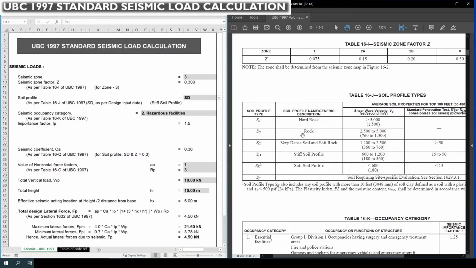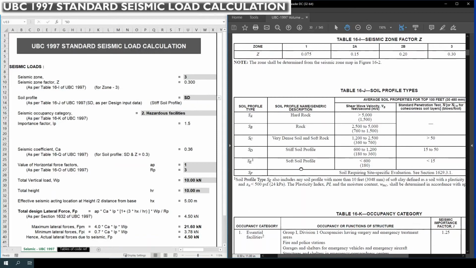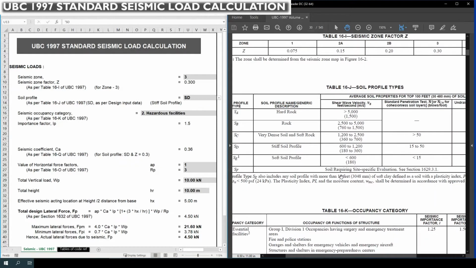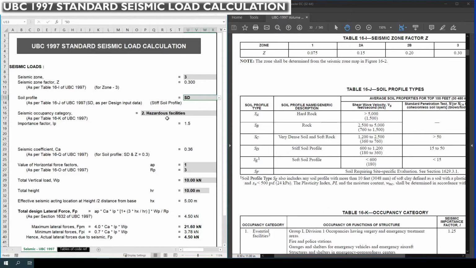SA is hard rock, SB is rock, SC is very dense soil and soft rock, SD is a stiff soil profile, SE is a soft soil profile, whereas SF has to be evaluated based upon the soil site conditions. So we can select SD for our demonstration purpose.